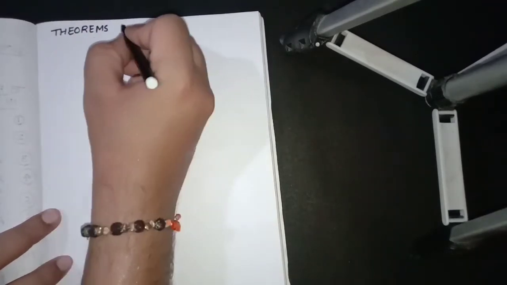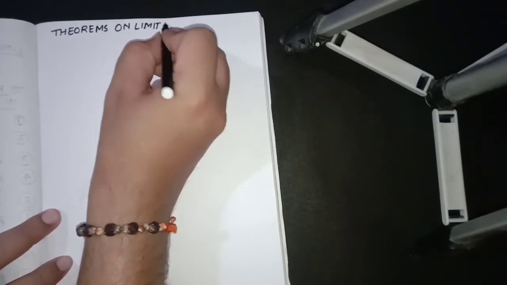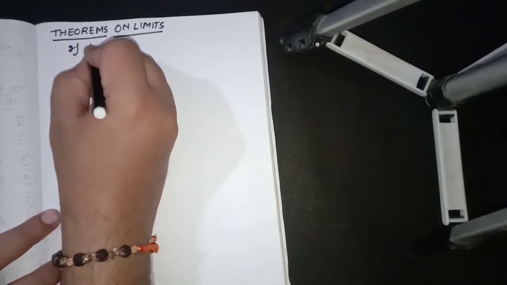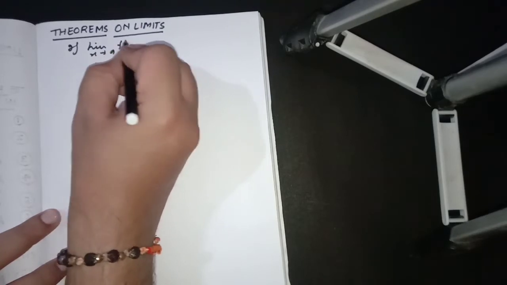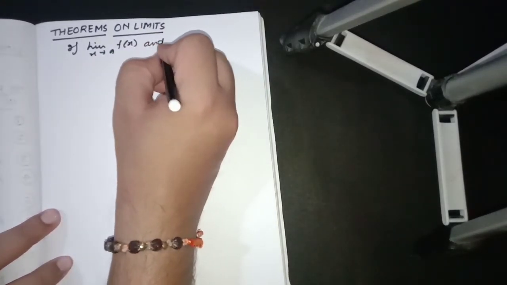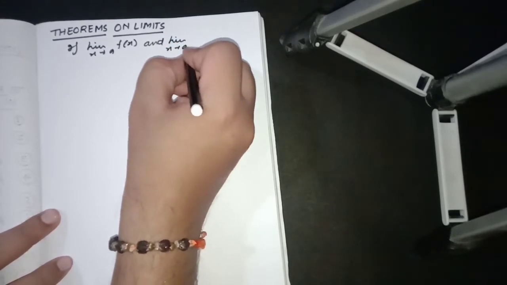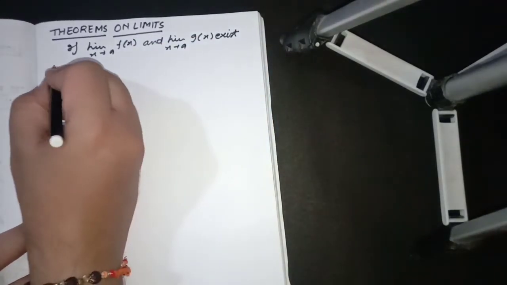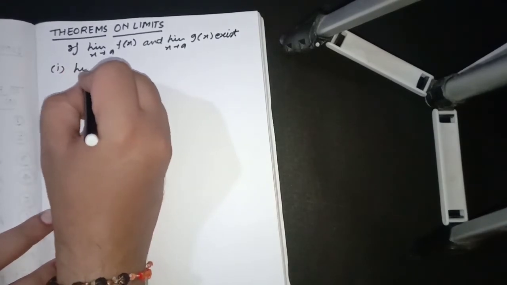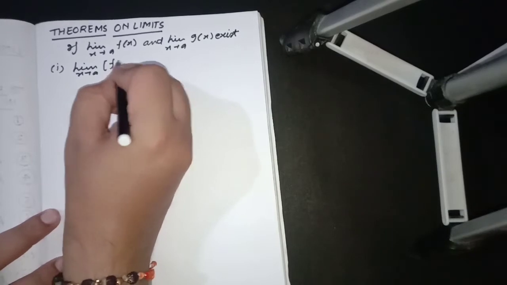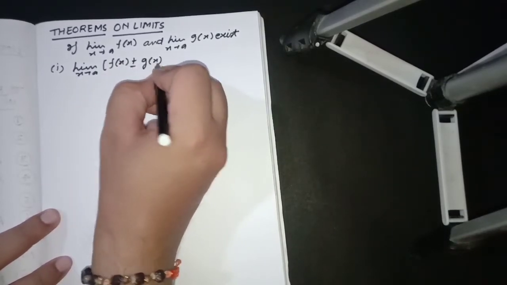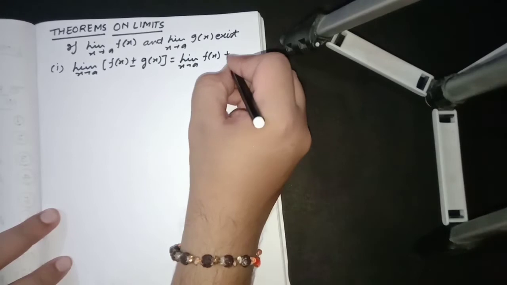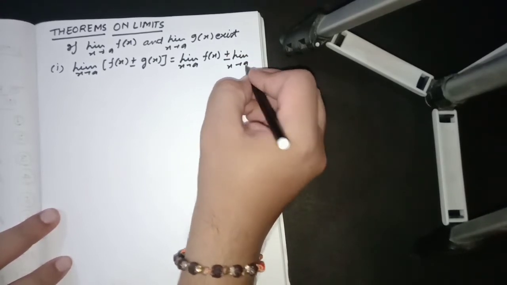So these theorems on limits are: if there are two functions and limit x tends to a f(x) and limit x tends to a g(x) exist, then here are some results which will be satisfied. Limit x tends to a f(x) plus minus g(x) will be equal to the limit x tends to a f(x) plus minus limit x tends to a g(x).